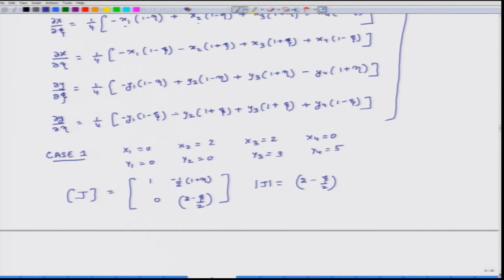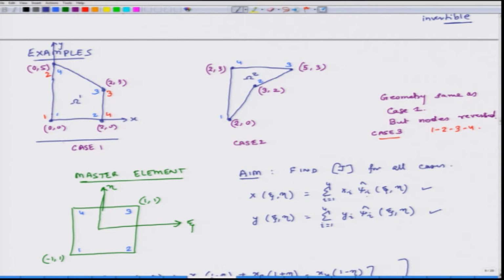Zeta varies from minus 1 to 1. So, even if it is 1, then the value of the determinant becomes 1.5. Okay. So, this is always greater than 0, which means that I can validly transform this quadrilateral in case 1 to a master element back and forth, and that transformation is valid and I do not have a problem.